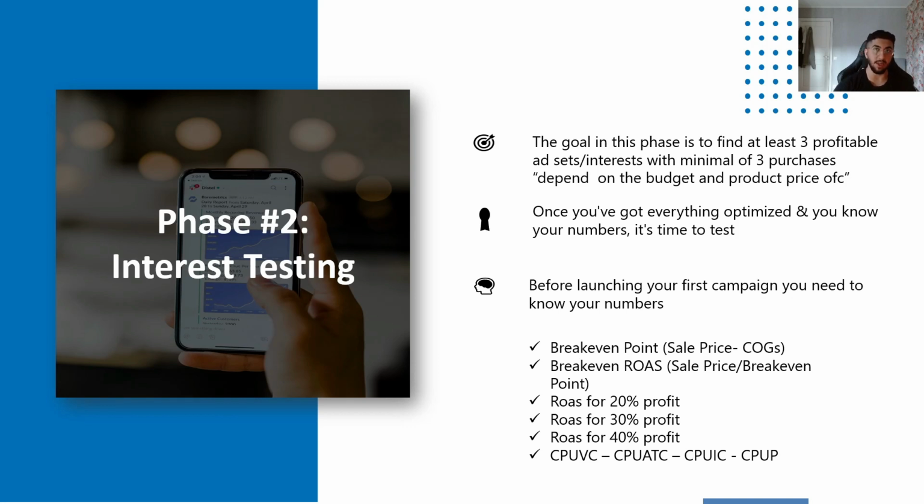In the testing phase, you have to test at least 10 interests with 15 to $25 a day. But of course, as I said, it depends on your budget and the product price, because Facebook will know what product price you have put on your website as soon as you install the pixel.